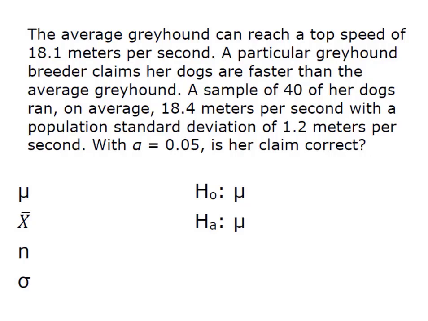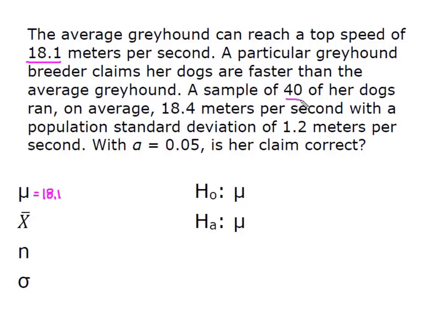So what I'm going to do is go through the problem and pick out the information that I need. So the average speed of all greyhounds is 18.1 meters per second. So that's my population mean. A particular greyhound breeder, she claims they're faster.